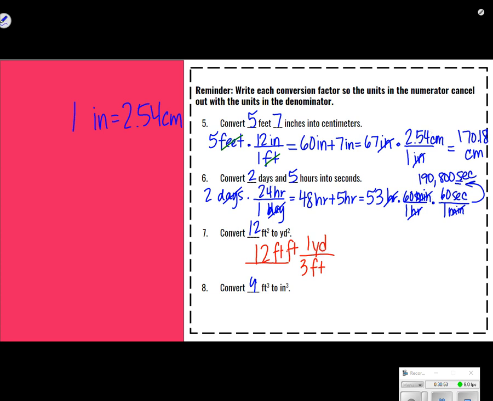When I go to cancel my units, which is why this is really important, I will only cancel this feet with one of those feet. So really, there is another conversion factor that needs to be used, and it's going to be 1 yard over 3 feet, so that this feet and this feet will cancel. And then yards times yards is yards squared. So I'm going to have the proper units.